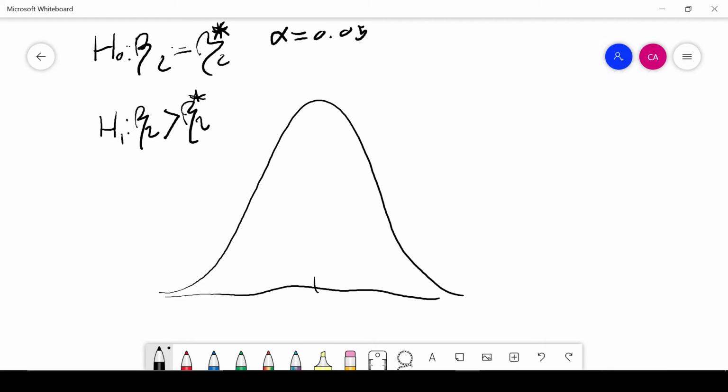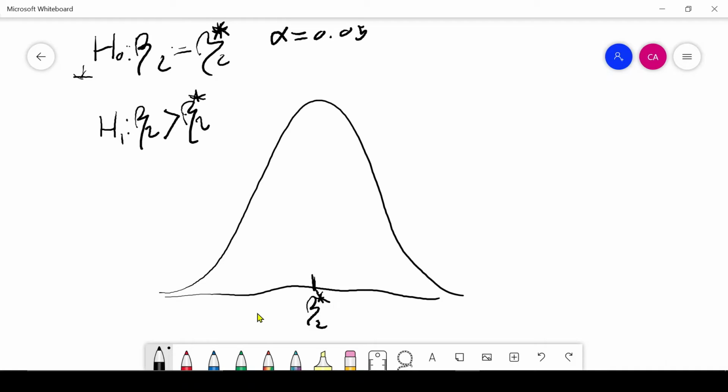If the mean value of this distribution is given by beta 2 star, in other words, what we're saying is that the null hypothesis is true, and this distribution is the sampling distribution of beta 2 hat. That again means that the expected value of beta 2 hat in this case is beta 2 star, so therefore it's an unbiased estimator.